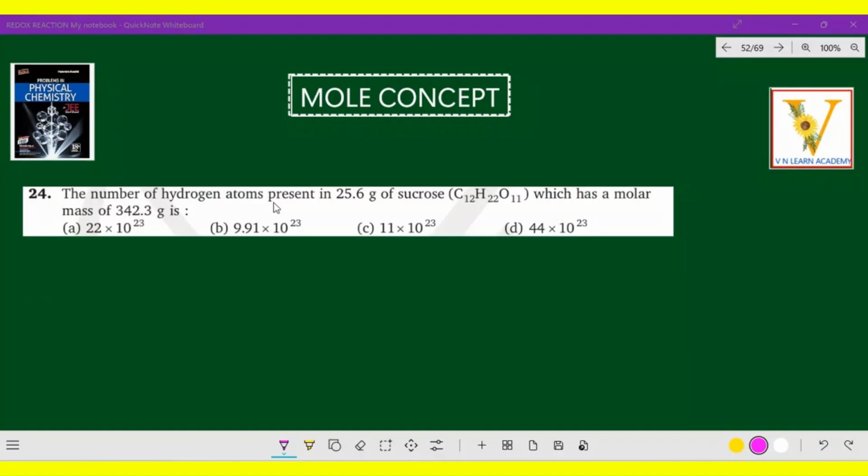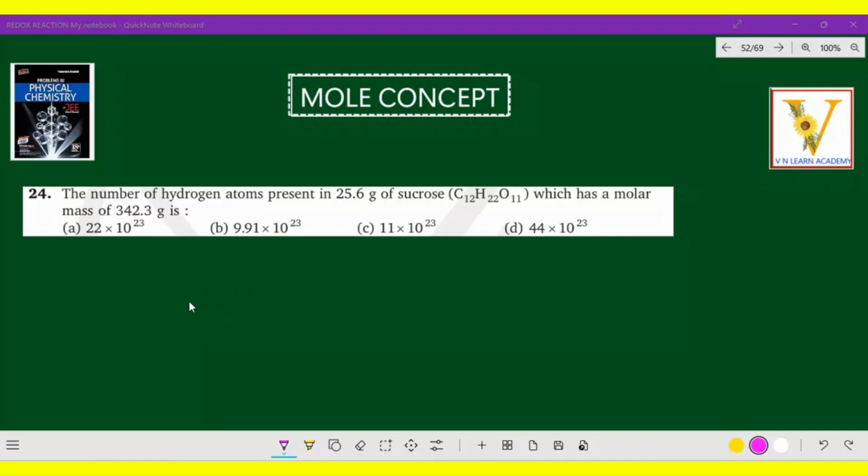The number of hydrogen atoms present in 25.6 grams of sucrose, C12H22O11, which has a molar mass of 342.3 grams. This is also very simple.